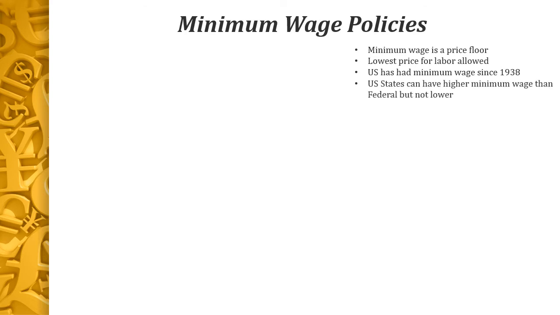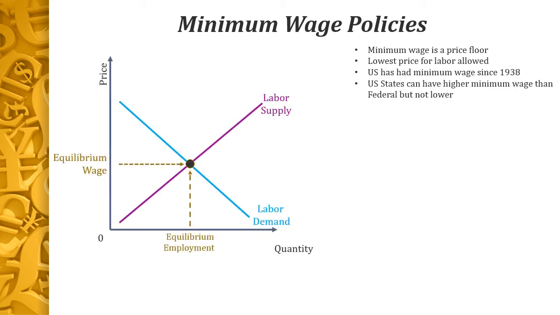What is interesting is that, as far as minimum wage is concerned, we have a federal minimum wage, and we can also have state minimum wages, but state and city minimum wages cannot be lower than federal. You can be higher, but you can't be lower than federal minimum wage. So let's take a look at how this applies. So here's our equilibrium employment and equilibrium wage location.